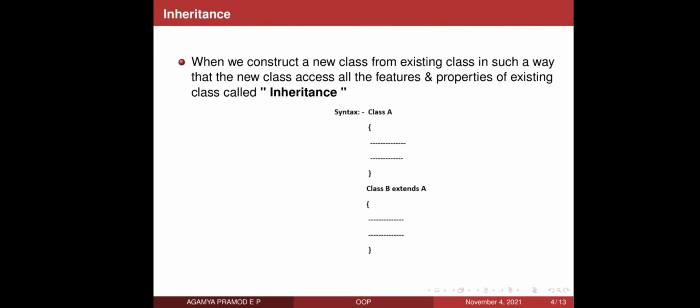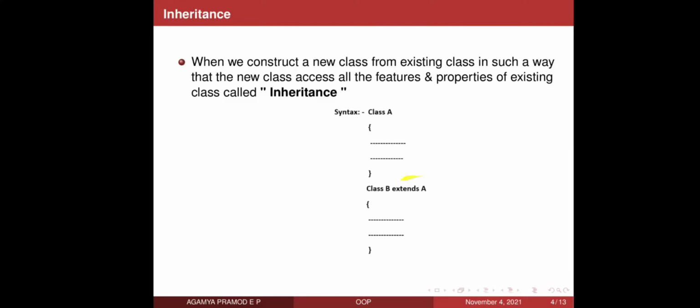And inheritance means that when we construct a new class from an existing class in such a way that the new class accesses all the features and properties of the existing class, it's called inheritance. That is, here class A is the superclass and class B is the subclass. The class B uses all the features and properties of class A, and that provides code reusability.